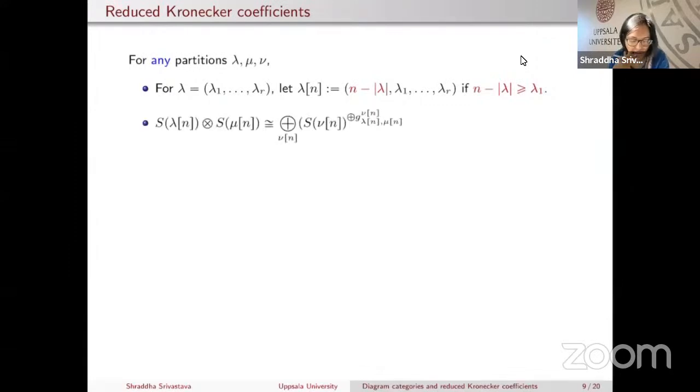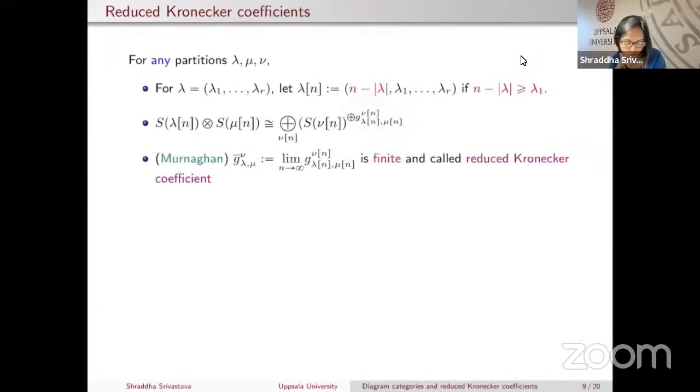Then if you look at the diagonal action of the symmetric group S_n on the tensor product of the Specht modules S^lambda(n) and S^mu(n), since we are working over the complex numbers, everything is semisimple. It breaks into simple modules again, possibly with multiplicity.